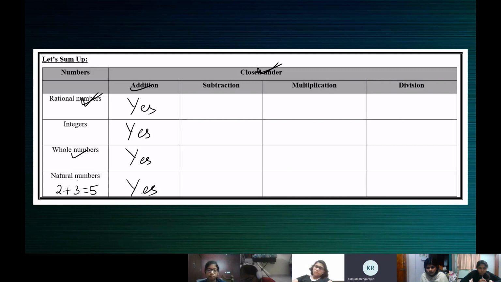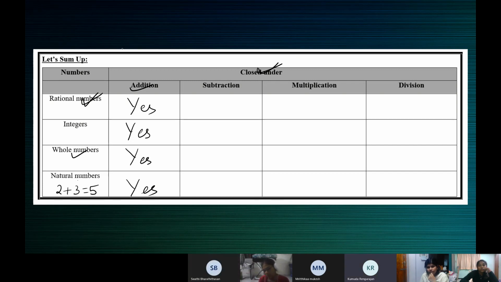Now, when you take all three, natural numbers, whole numbers, and integers, in rational numbers we have much more collection. Do we all understand that? Yes, ma'am.